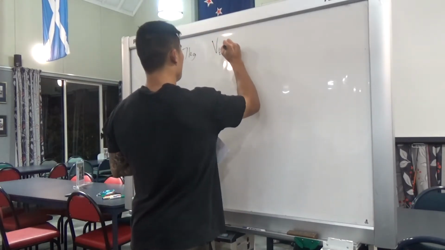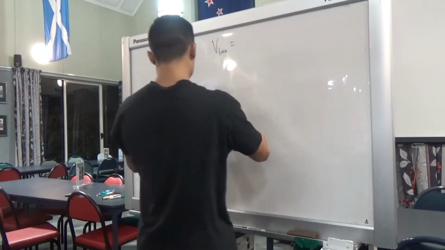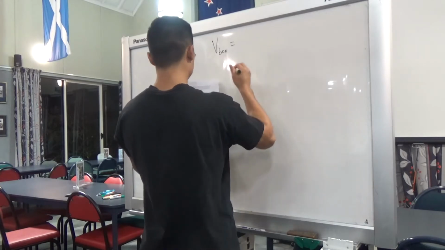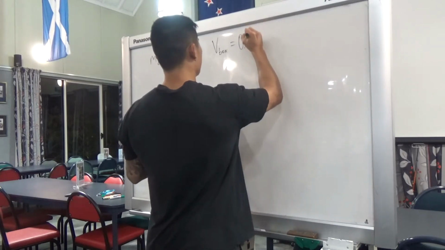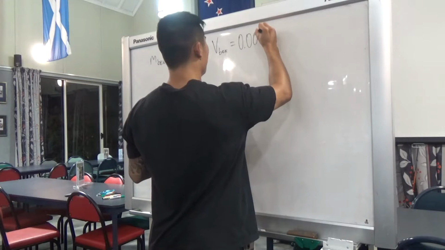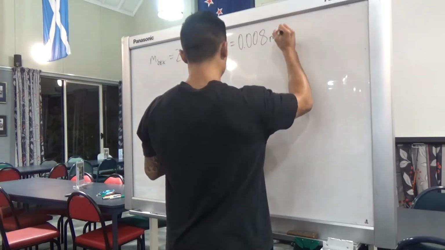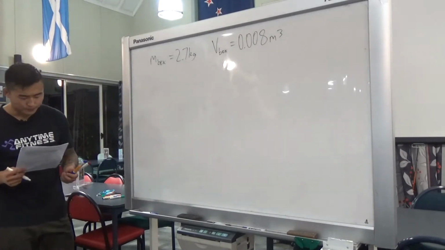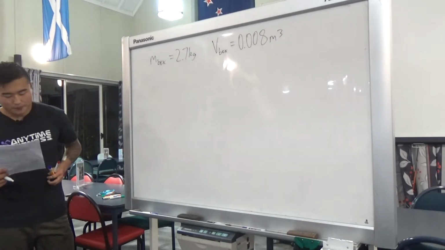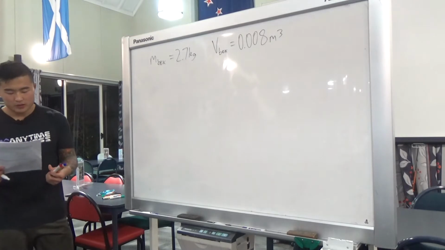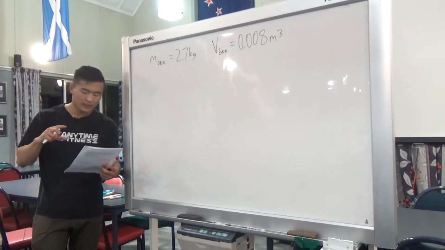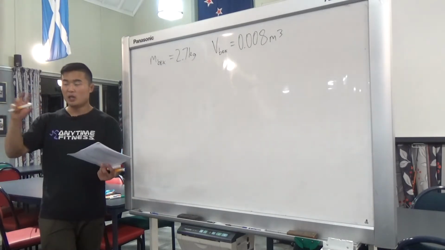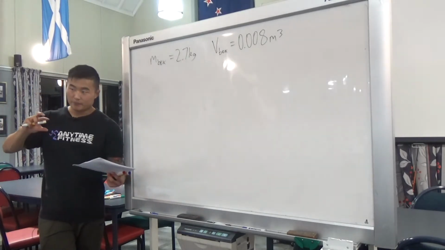The volume of the box is equal to 0.008 meter cubed. Okay, so we've got those two values now. And so after the cat is put in, we know that more of the box has been submerged, so the density of the box has increased, right?